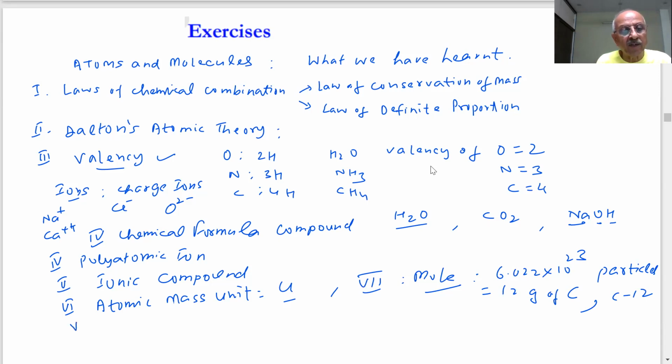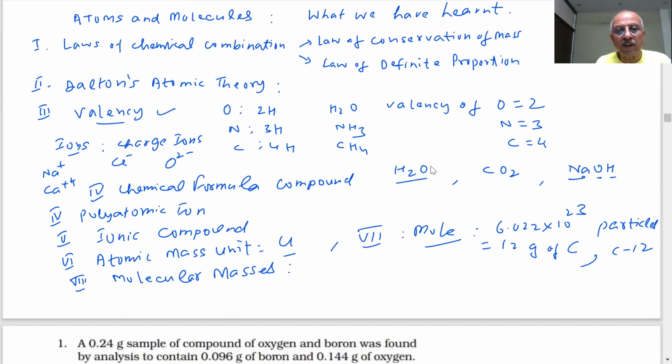And we discussed with you, students, the molecular masses. And we discussed how by adding the relative atomic masses, we can get the molecular masses or molar mass, grams per mole. All this we have done. We discussed the molar mass, grams per mole.